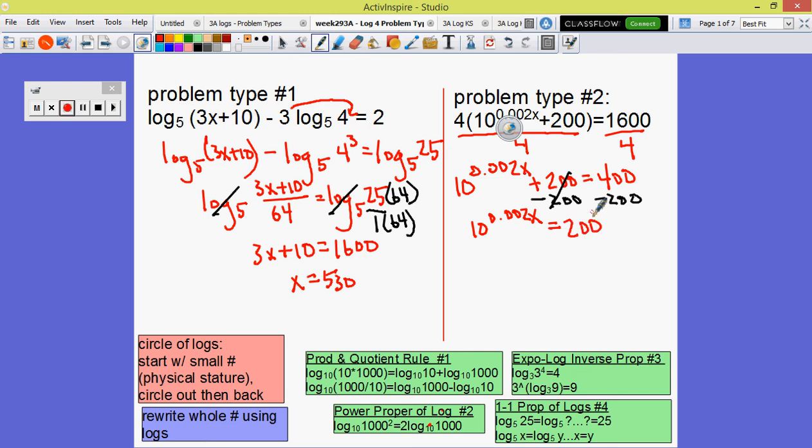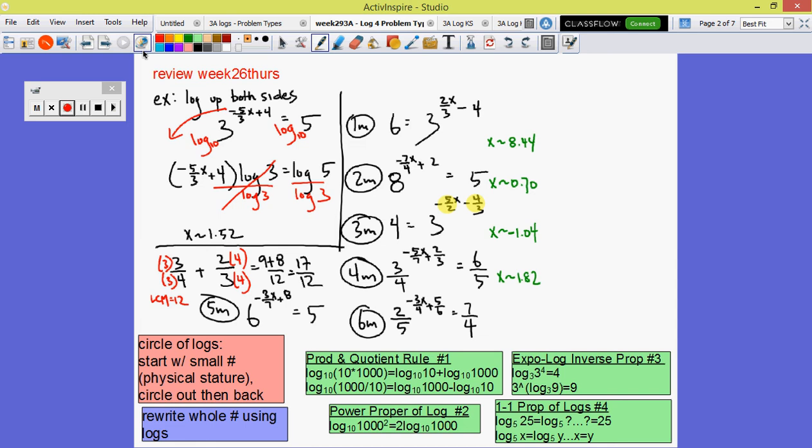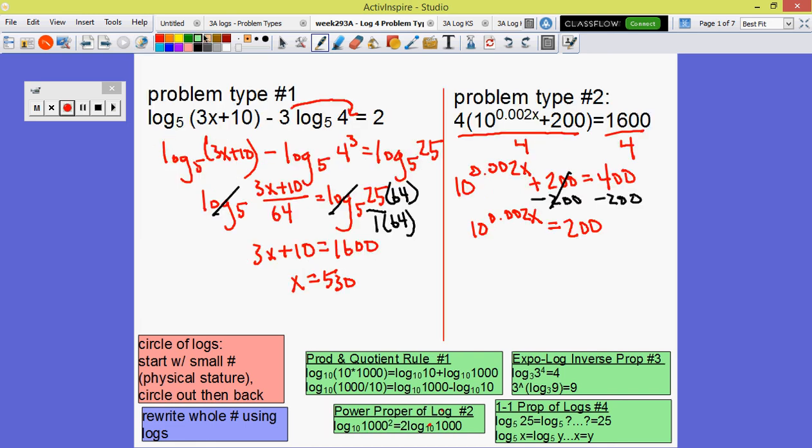And this is where the review from yesterday's slides, or from week 26 Thursday slides, comes into play. This is the one I'm talking about right here. We're going to log up both sides. So I'm going to do log base 10 on both sides, and move this over.